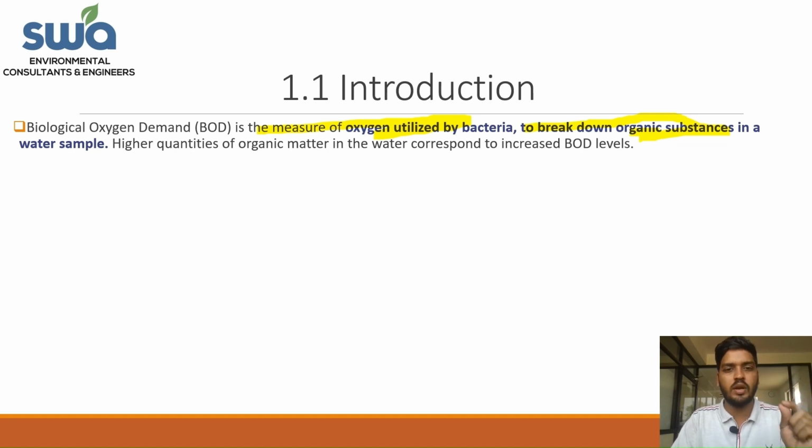Whatever amount of oxygen is required by bacteria to biologically degrade that organic matter is known as biological oxygen demand. So the higher the quantity of organic matter in water, the higher the BOD level. Higher the organic matter, higher the oxygen demand will be.